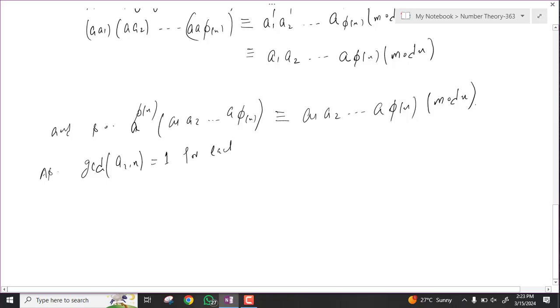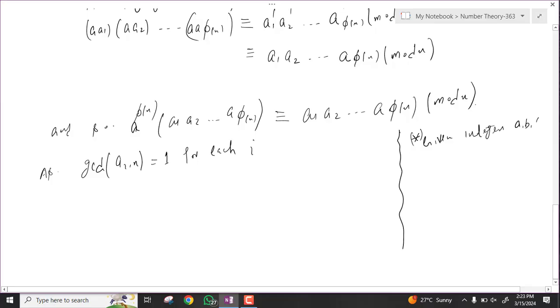For each i. Here I will write down one more result and name this as star. Given integers, we have integers a, b, c.